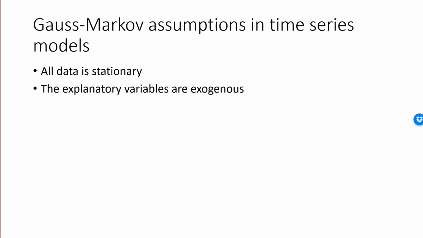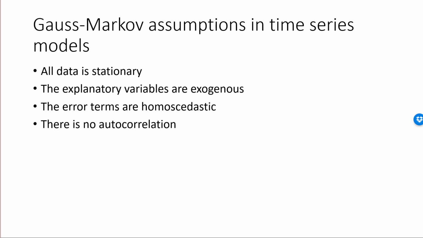The third assumption is that the error terms must be homoscedastic, and the fourth assumption is that the error terms cannot be autocorrelated. We will look at this issue of autocorrelation more carefully in a couple of lectures later on.